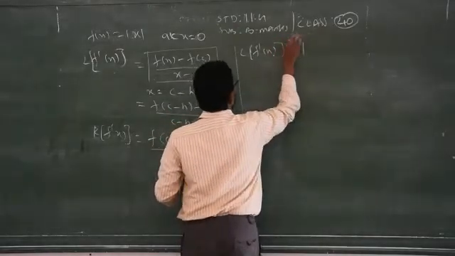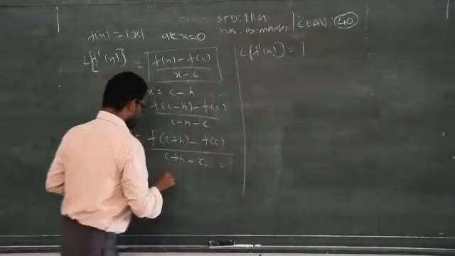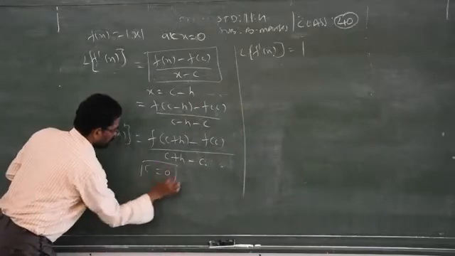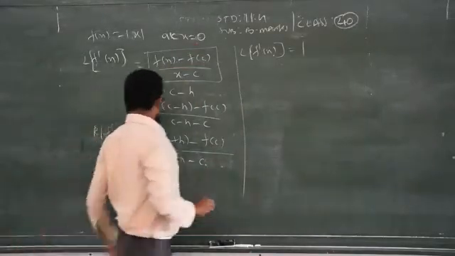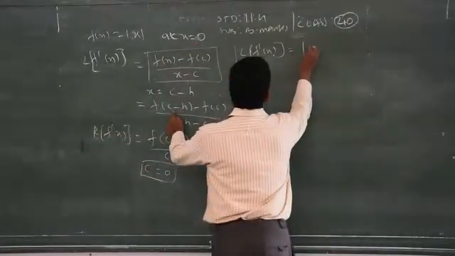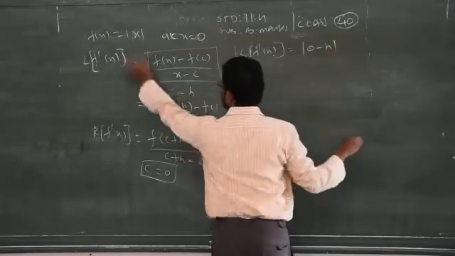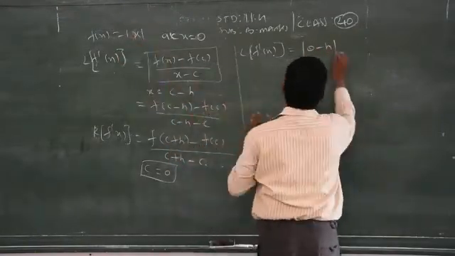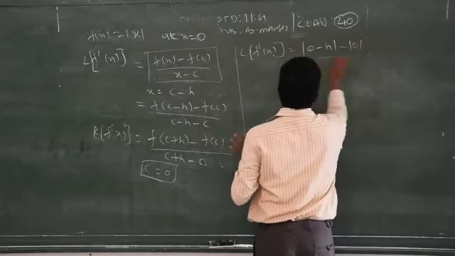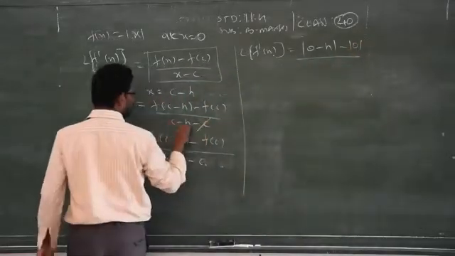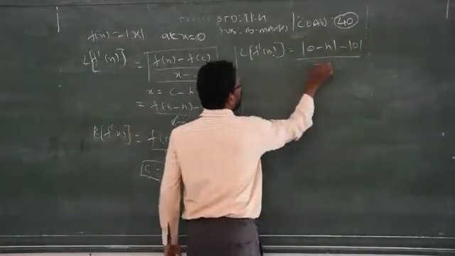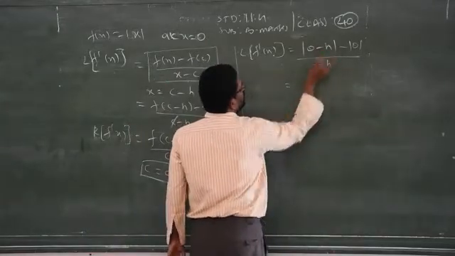C is replaced by 0 because it is given 0. So c is replaced by 0. Modulus of 0 minus h, because the modulus symbol is there. Minus f of 0, that is modulus of 0. When you divide, see, plus c minus c get cancelled, we will get only minus h. So what will be the answer?